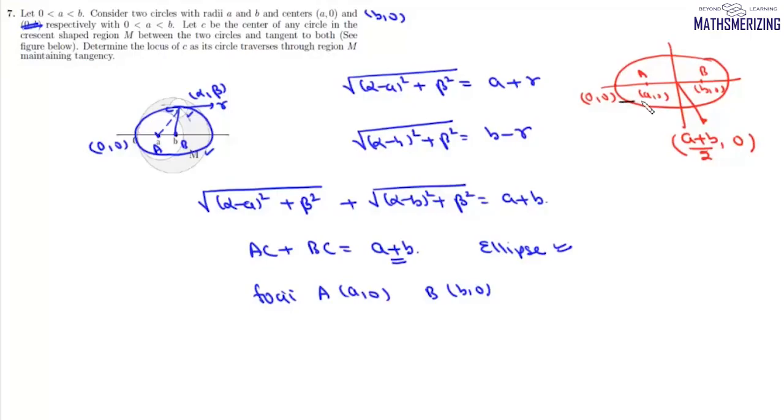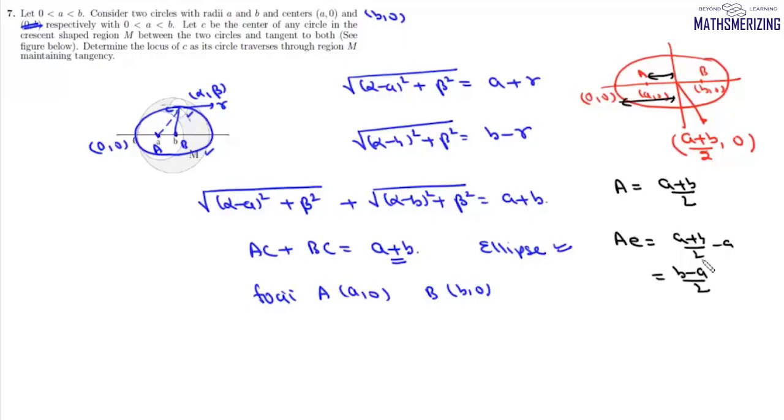Now the distance of the vertex from the center is A. So if we write A, it will be simply (a+b)/2, and the distance between the center and one of the foci will be A into E. So A into E will be (a+b)/2 minus a, which is (b-a)/2.